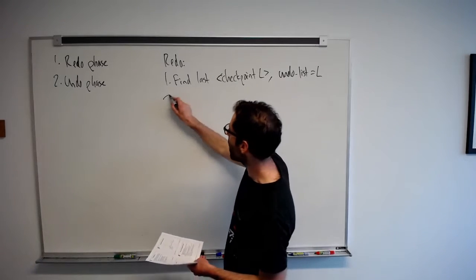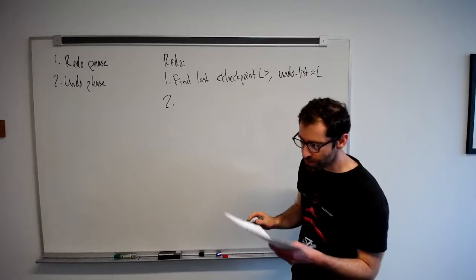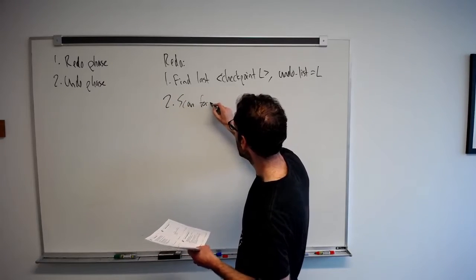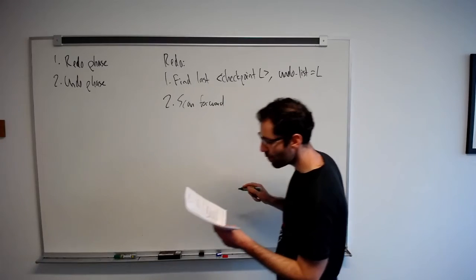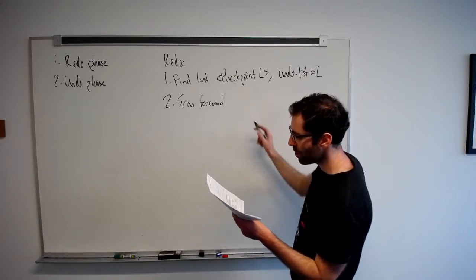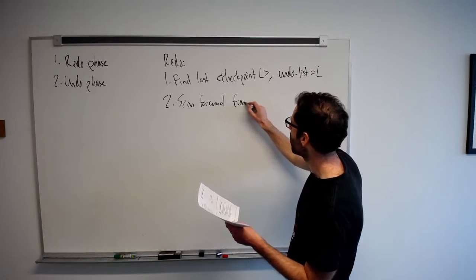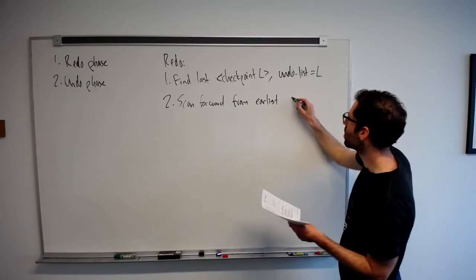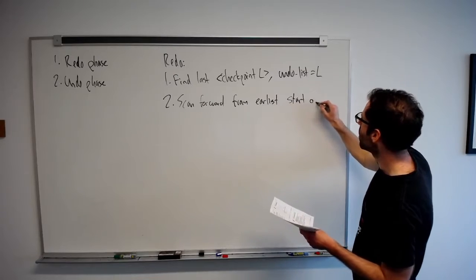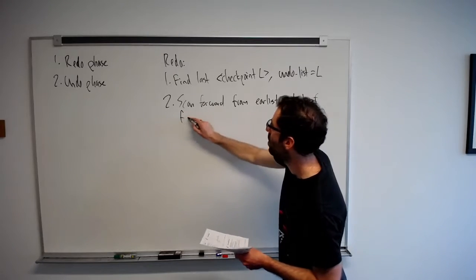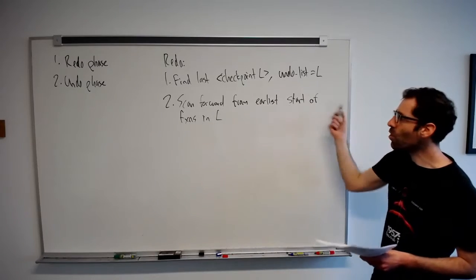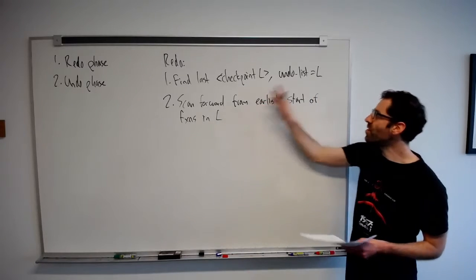So once we've found that checkpoint, we're going to scan forward from the earliest start among the transactions in this list.